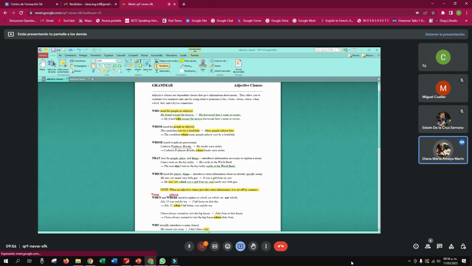Maybe when you need to combine the sentences, sometimes that will be difficult, right? To know how to combine them. But we need to know the meaning, right? We're going to practice that, but first we're going to do another activity about adjective clauses that is a little bit easier than combining clauses, right?